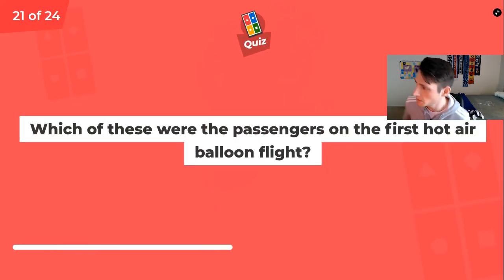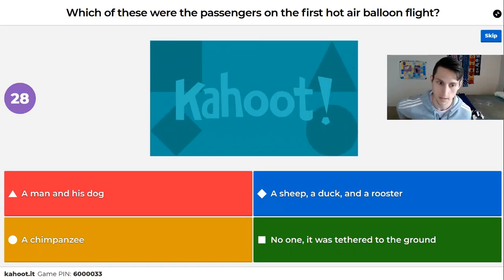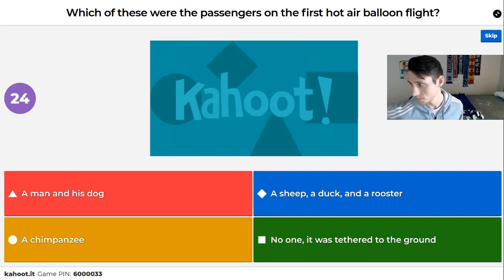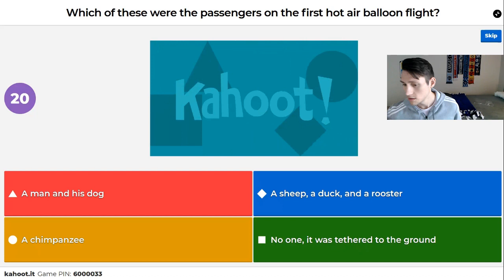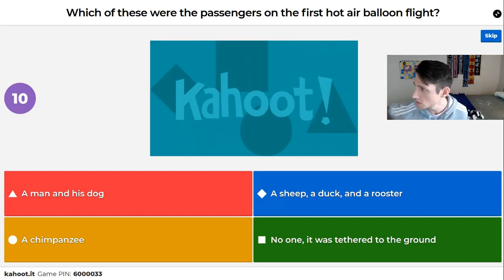21. Which of these were the passengers of the first hot air balloon flight? So, think back to your history class on there's probably like 2 or 3 chapters that you guys spent learning about hot air balloon flights specifically. And so I think probably somewhere in the middle of chapter 2 was when you finally talked about the passengers of the first hot air balloon flight.